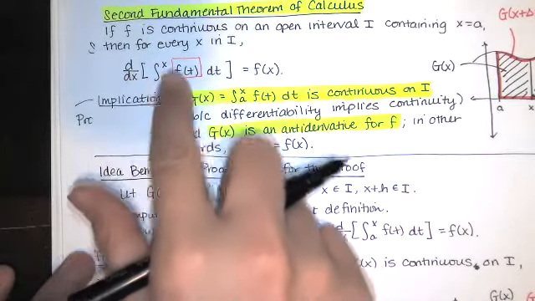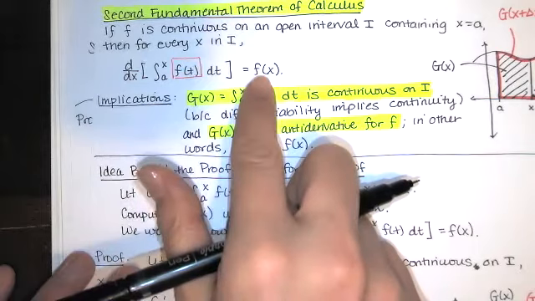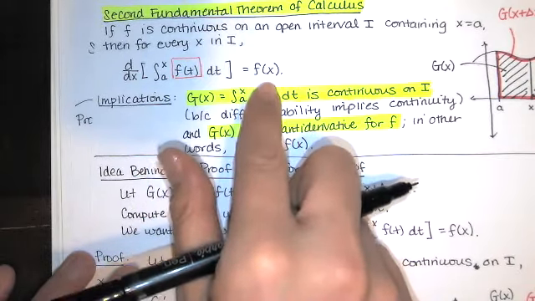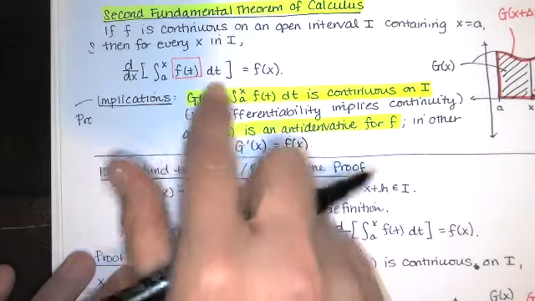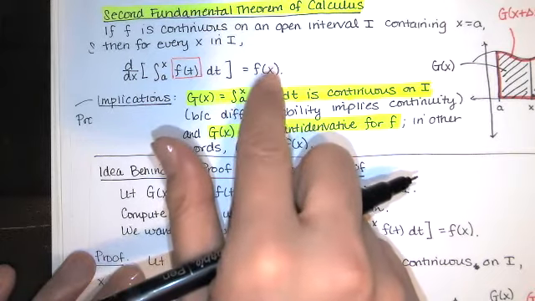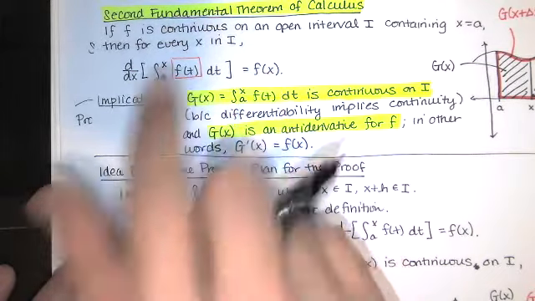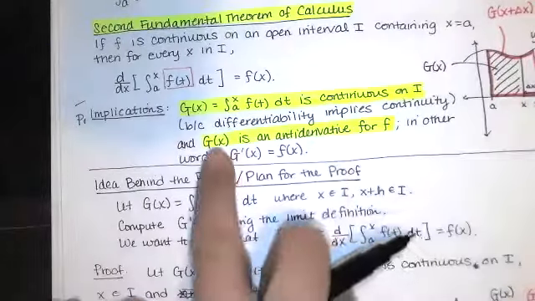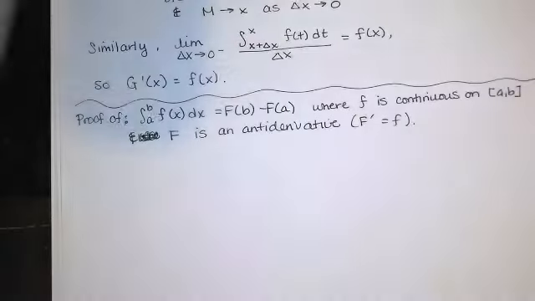If the derivative of this function is f of x, an antiderivative of f is this function. So since the derivative of g is equal to f, the antiderivative of f must be equal to g. That's just the definition of an antiderivative. So we know that g is one antiderivative of f.